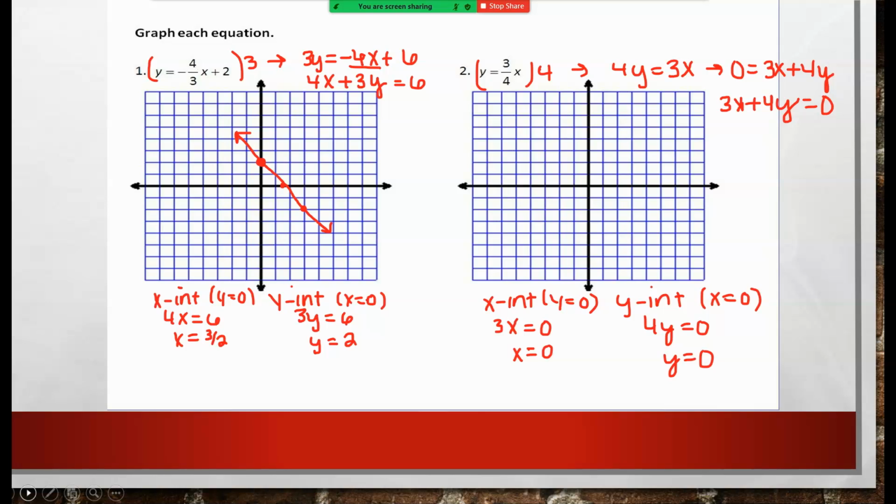So we see that the x and y intercept is both at 0, 0. So this is because the y-intercept is at 0, therefore making my x-intercept at 0, meaning my graph starts at the origin. And then you apply your slope, so you go up 3 and over 4.